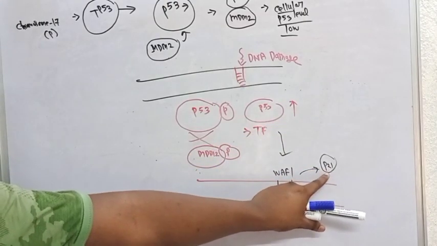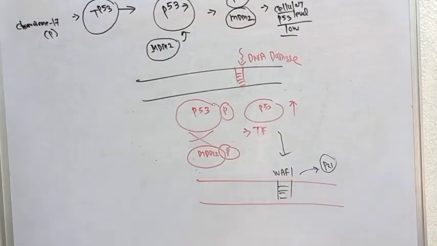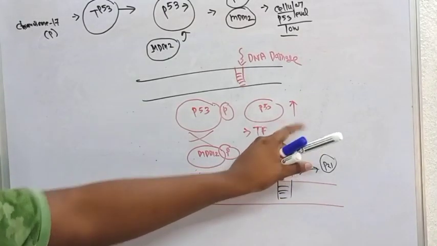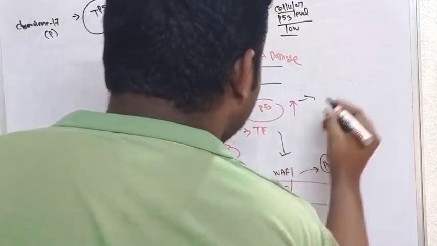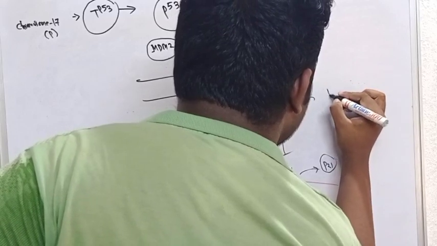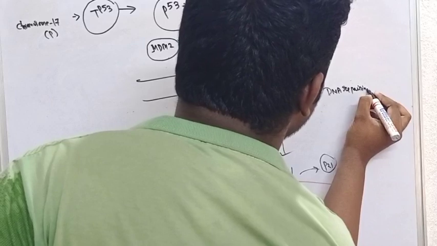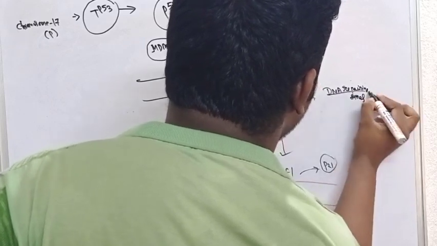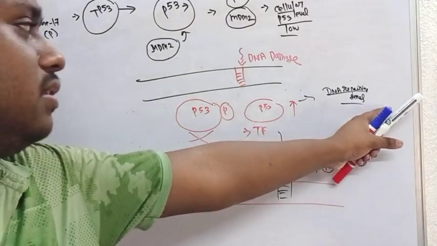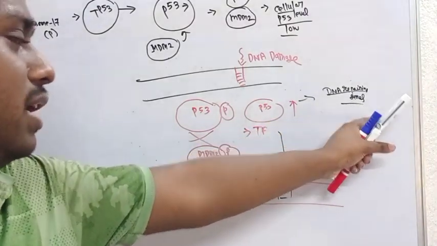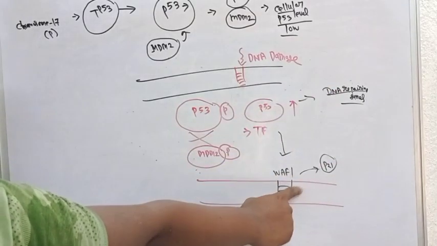P53 also acts as a transcription factor and increases the transcription of DNA repairing genes. Because DNA is damaged, we need to fix that damage by increasing the synthesis of DNA repairing proteins. So DNA repairing gene transcription will also be increased.